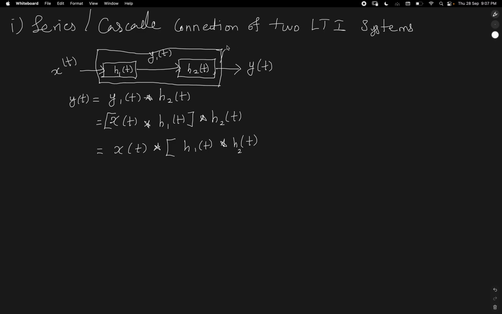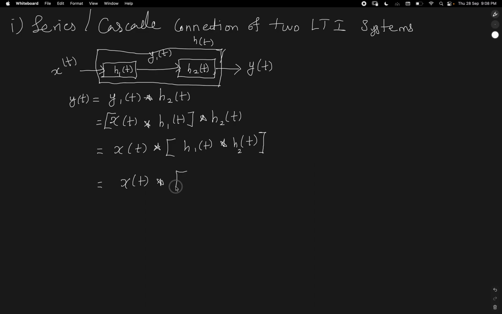If you consider the overall impulse response of the system, let us consider that as h of t, then h of t can be found by convoluting the individual impulse response, that is h1 of t convolution h2 of t.